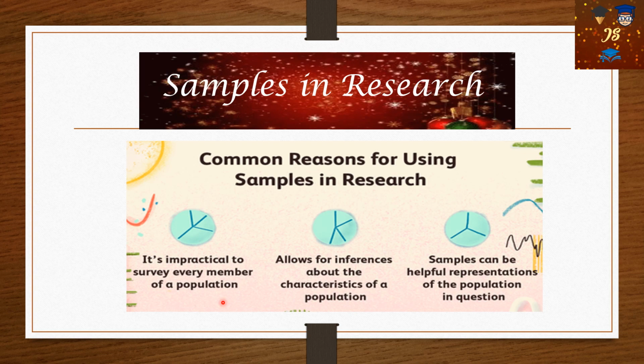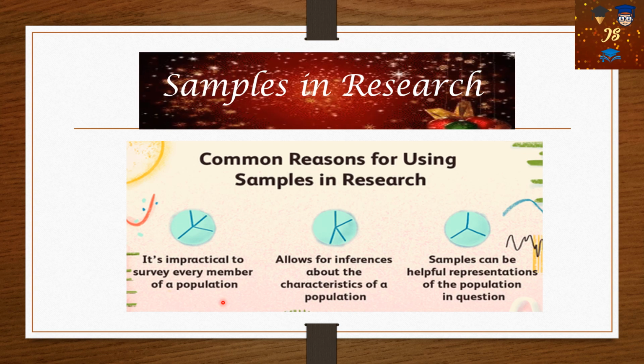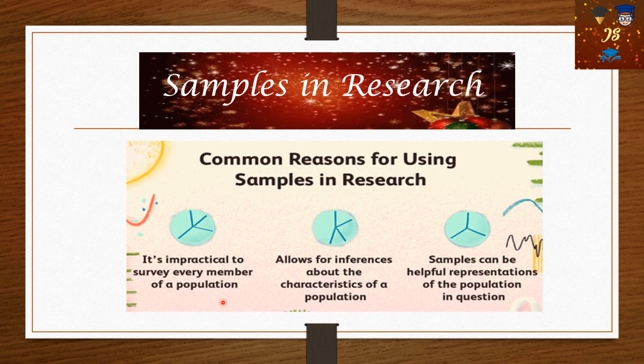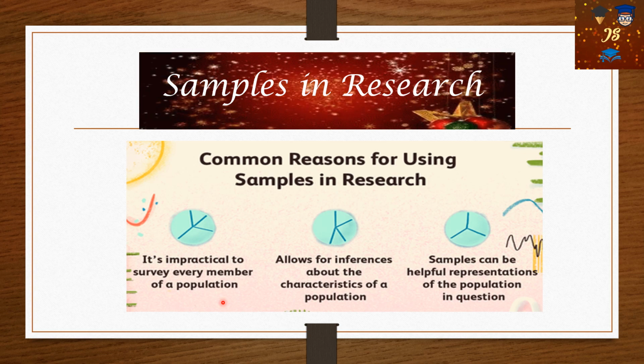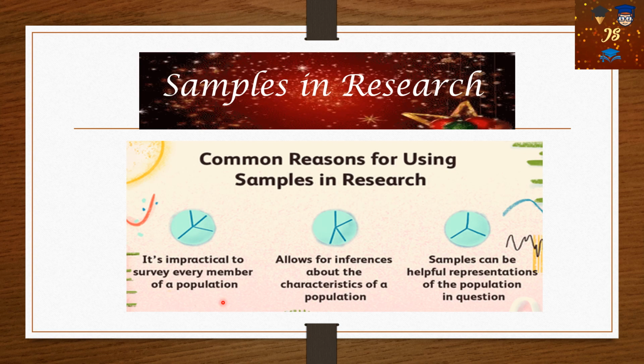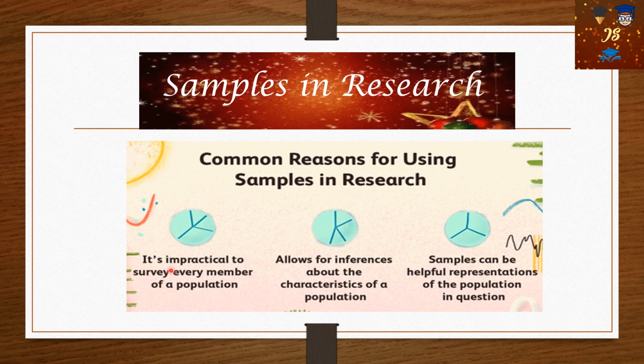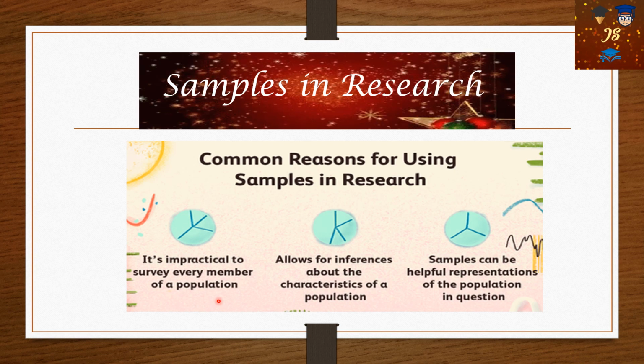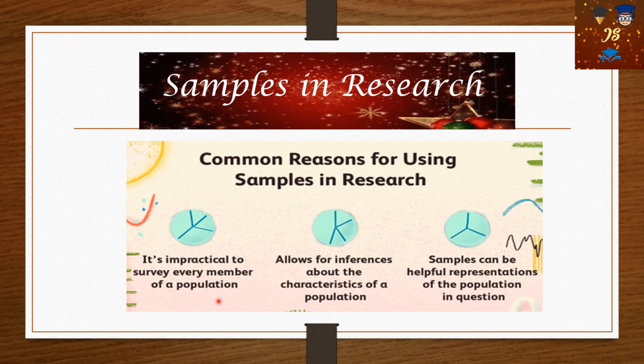So what we have to do? We have to take a group of people who are accessible to us to do our research. So point number one was it is impractical to survey every member of a population, so we take samples to complete our research.